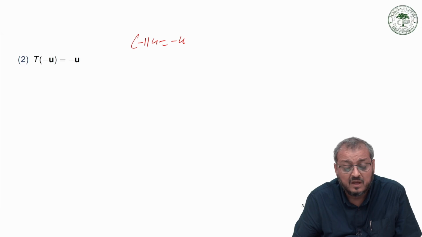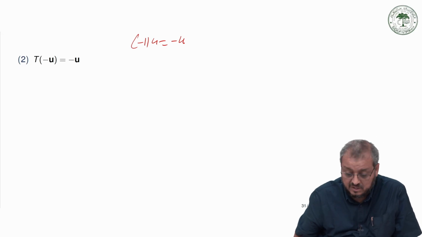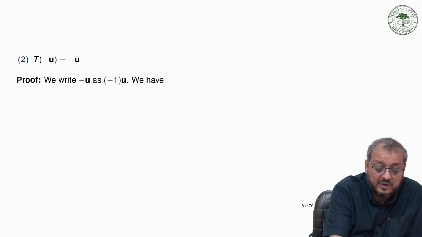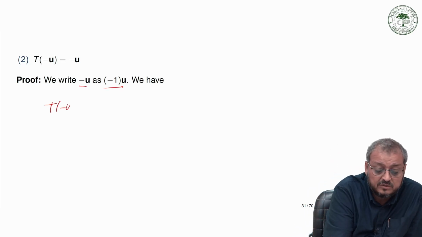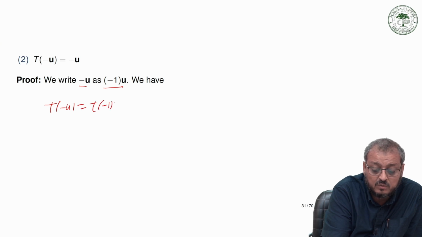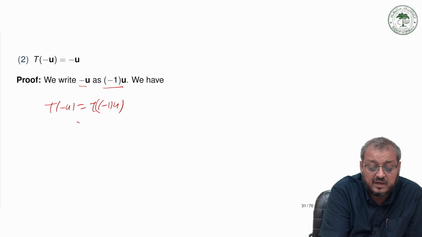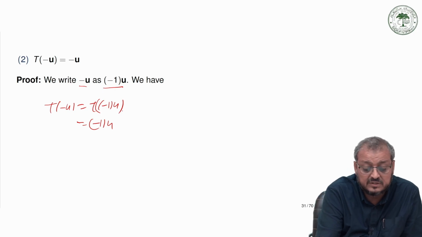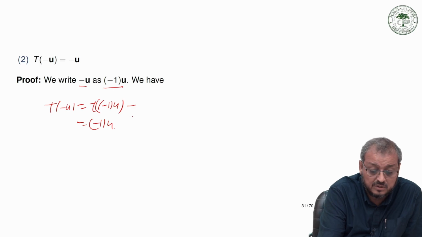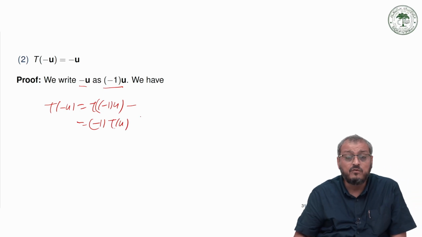So T of minus u can be written as T of minus 1 times u, and because T is linear, this can be written as minus 1 times T of u, which is minus T of u.